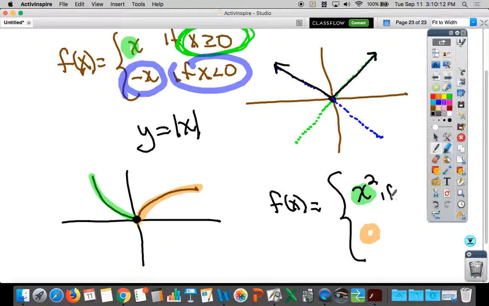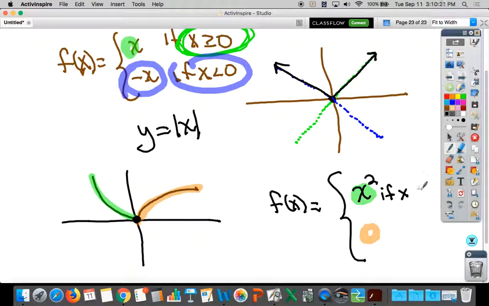And you always write if x. Which x value are they meeting at? Zero. So I'm going to put a zero there, but I've got to determine what my inequality is. So, less than, because we want all the negative x values, and we put less than or equal to on the first one.